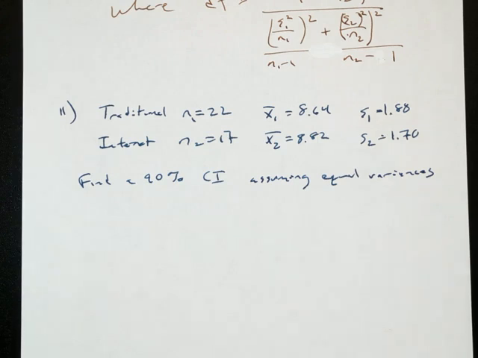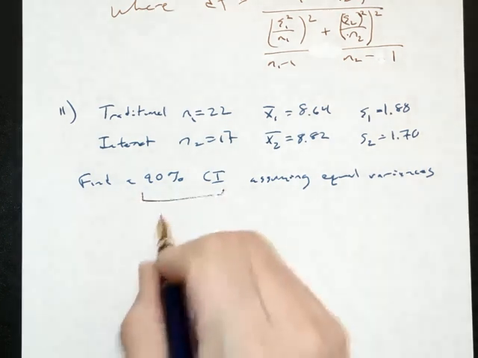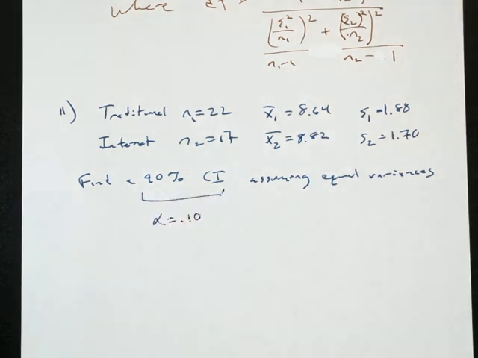All right, that's the first formula. DF is easy, but the square roots were ugly, right? So, first question. 90% confidence interval, what's alpha? Say again? 0.1. Which means we're doing t of alpha over 2.